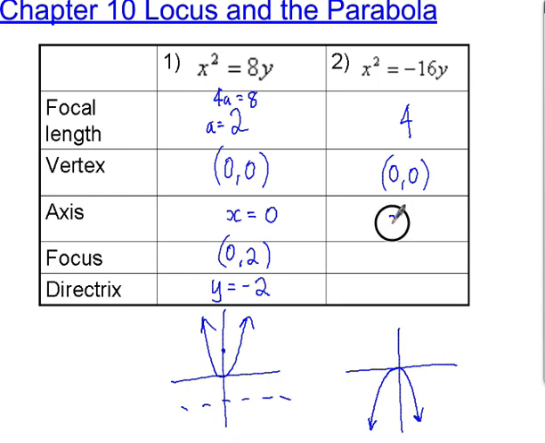Axis of symmetry is the y-axis again, which is x equals 0. Focus this time will be down here, so that'll have the coordinate 0, -4. Everyone see that? Yeah. So focal length's 4. And the directrix will be up here, and that's y equals positive 4.